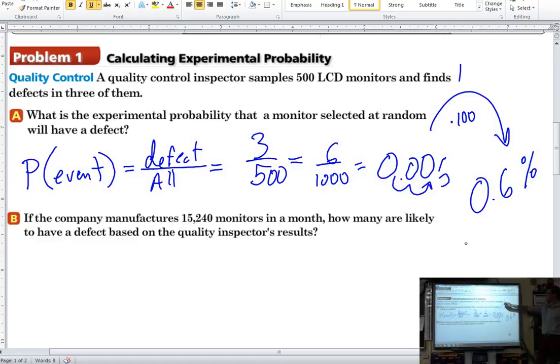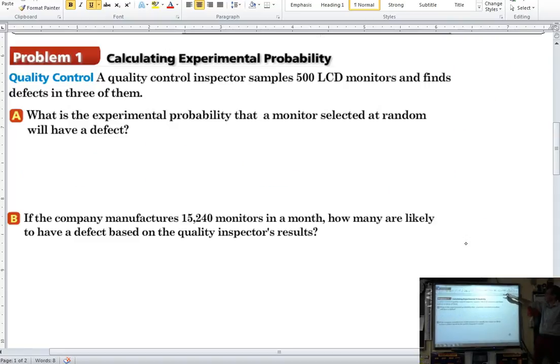To go decimal to percent, we multiply by 100. When we go percent to decimal, the word percent means divide by 100. Literally, what percent means is for every 100. So when we do the opposite, we're multiplying by 100.